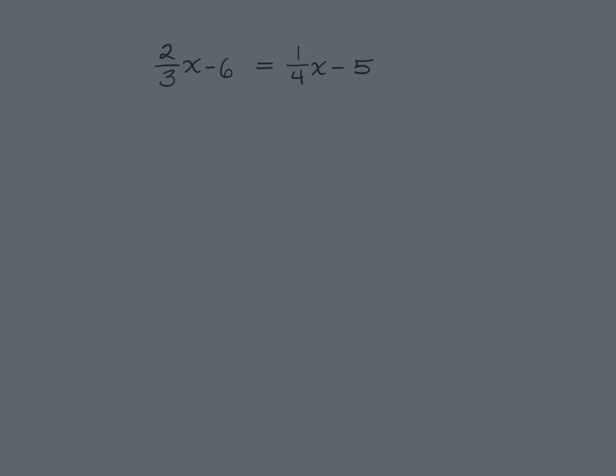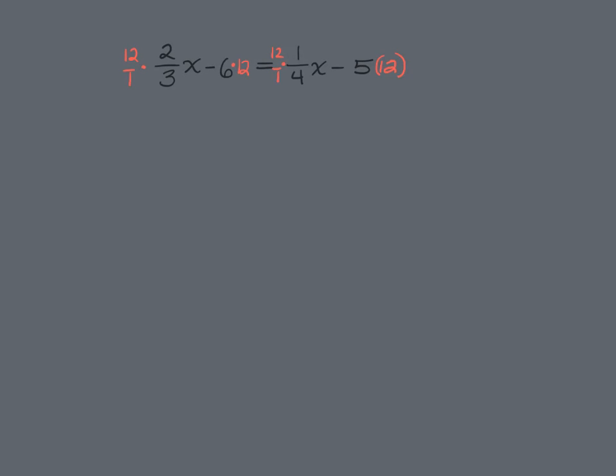So I'm going to multiply this first term by 12 over 1. I'm going to multiply negative 6 by 12, 1/4 by 12 over 1, and negative 5 by 12.